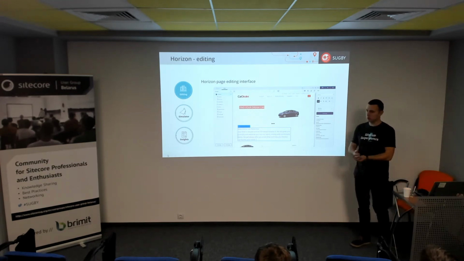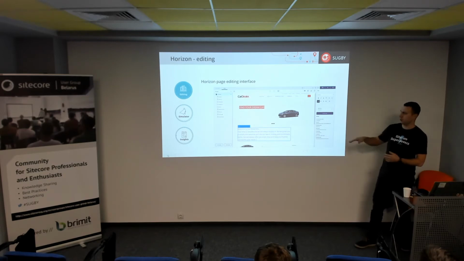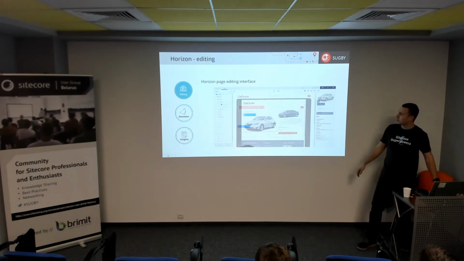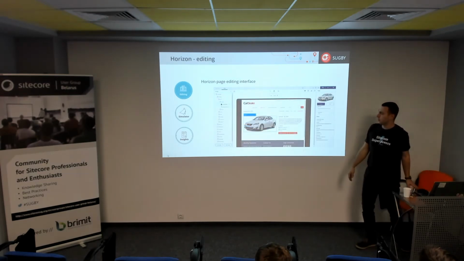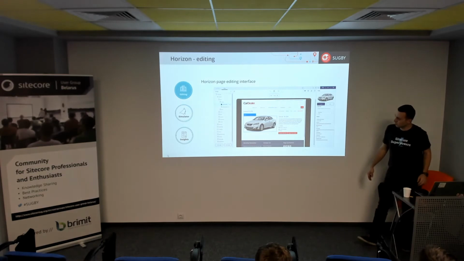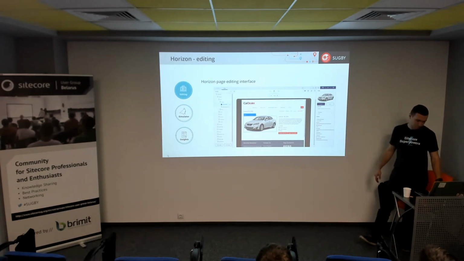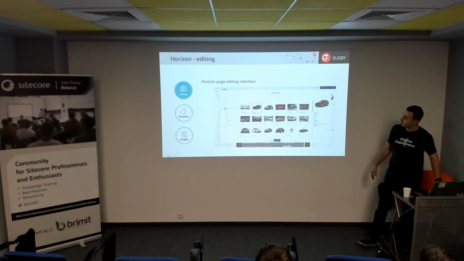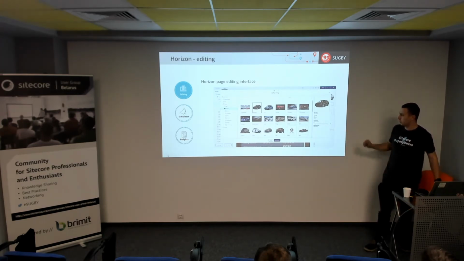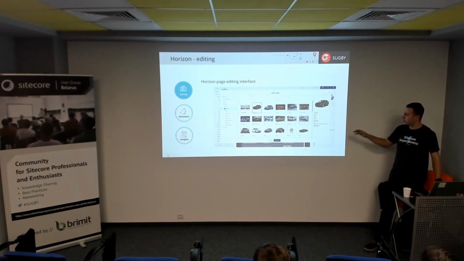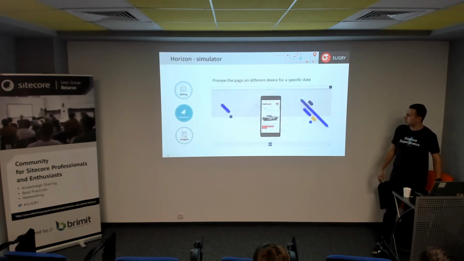You can upload images to the media library, but you don't see it in the tree. It's editing mode, so it's still editing mode. This image shows how we can choose the images for the data sources.